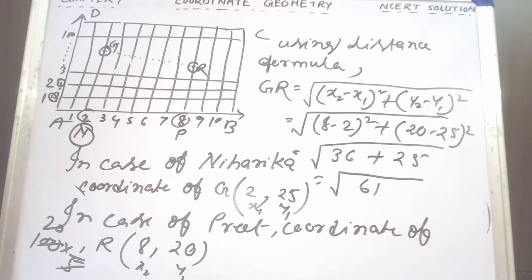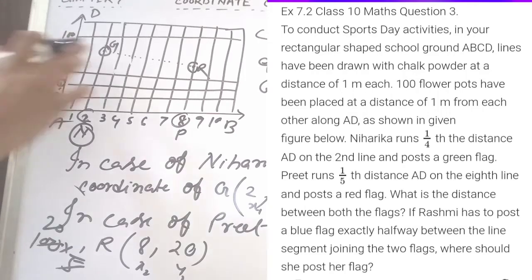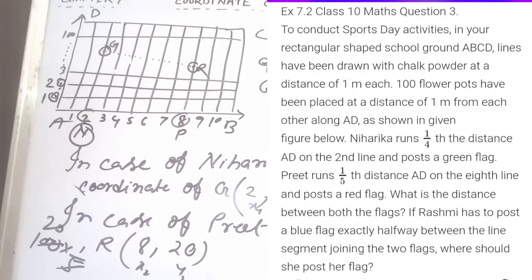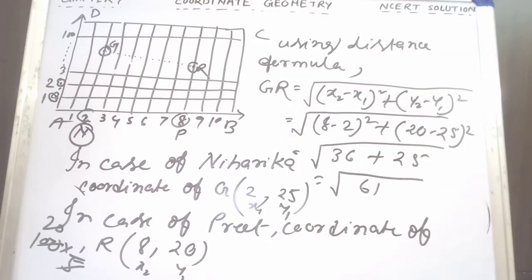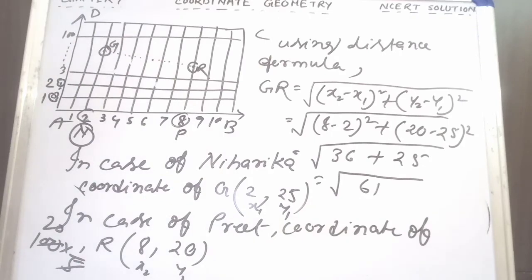Now the another part. If Rashmi has to post a blue flag exactly halfway between the line segment joining the two flags. Joining these two flags, this line segment, Rashmi has to post a blue flag exactly halfway between the line segment.